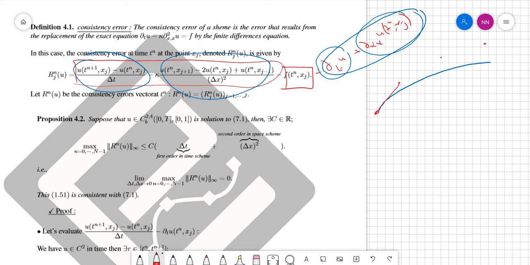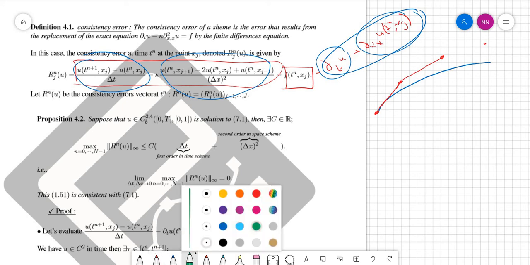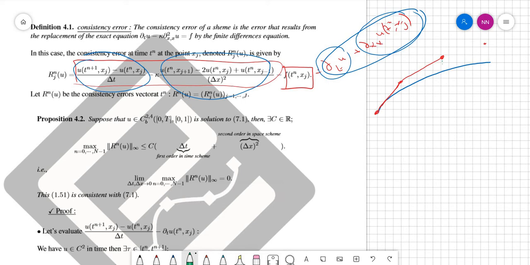It means that if we are at this point, okay, and the approximation function in red is like this, what would be the difference if, from this point and further, we consider that the derivative is the exact one, which at this point is maybe like this?